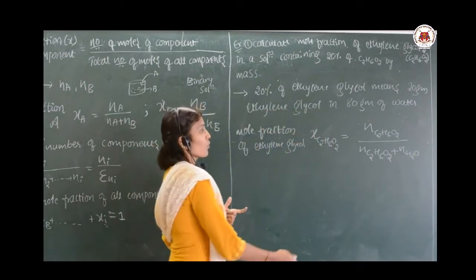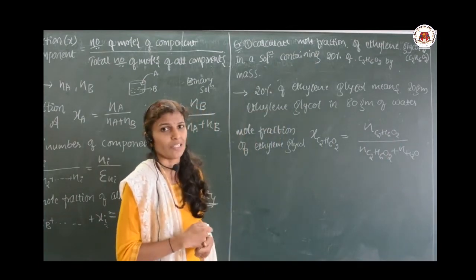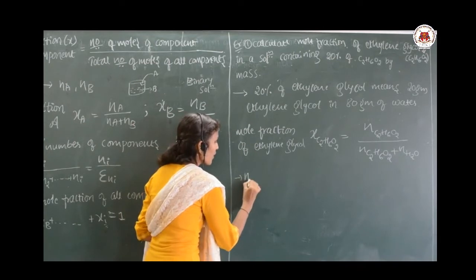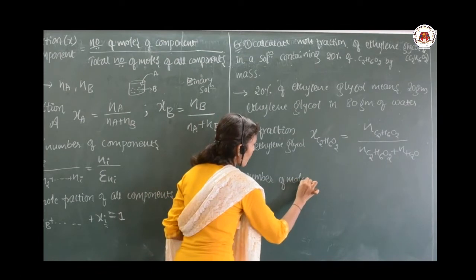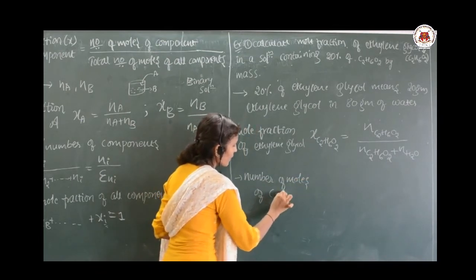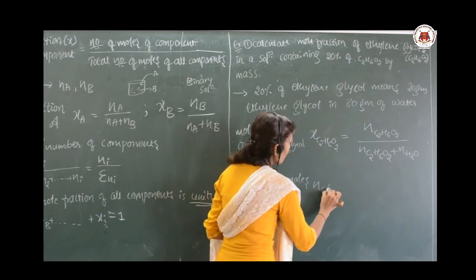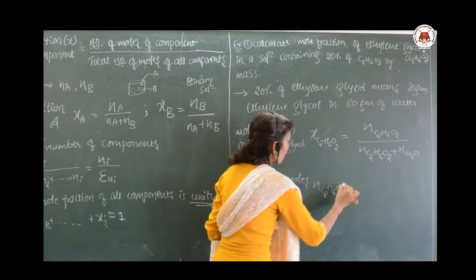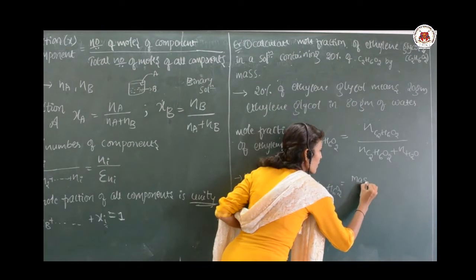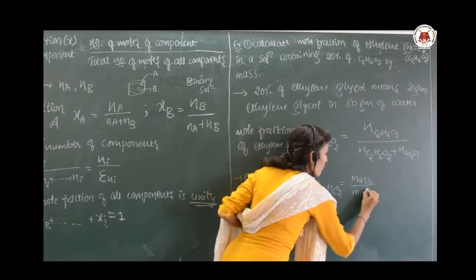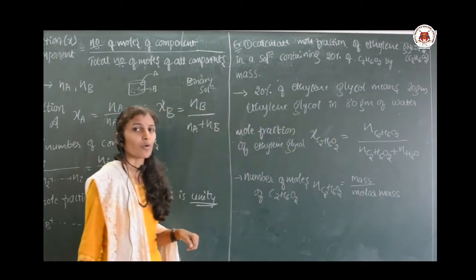Okay. Now the number of moles of ethylene glycol is not given directly. Then how to calculate? See here. Number of moles of ethylene glycol, N of C2H6O2, is equal to mass divided by molar mass.